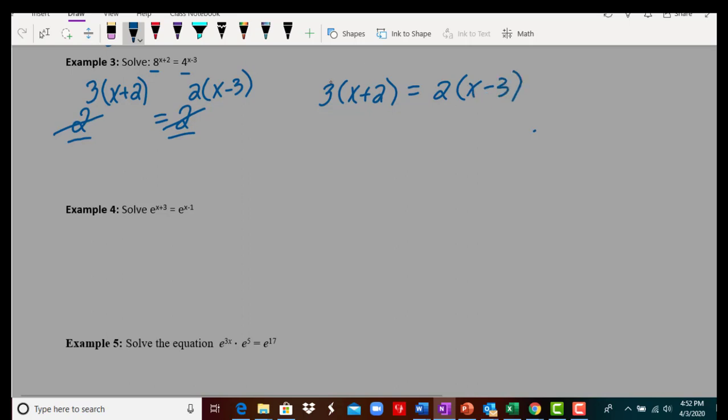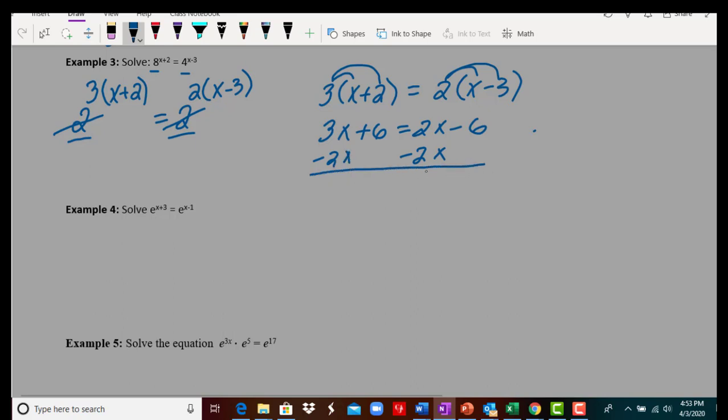Now we must go ahead and distribute. So 3 times x gives me 3x. 3 times 2 gives me a plus 6 equals 2 times x, which gives me 2x, and 2 times negative 3 gives me a minus 6. Since we're solving the equation, I would subtract the 2x from both sides.